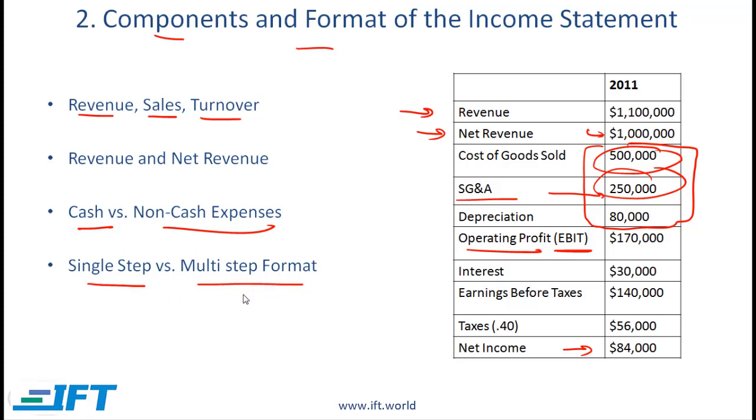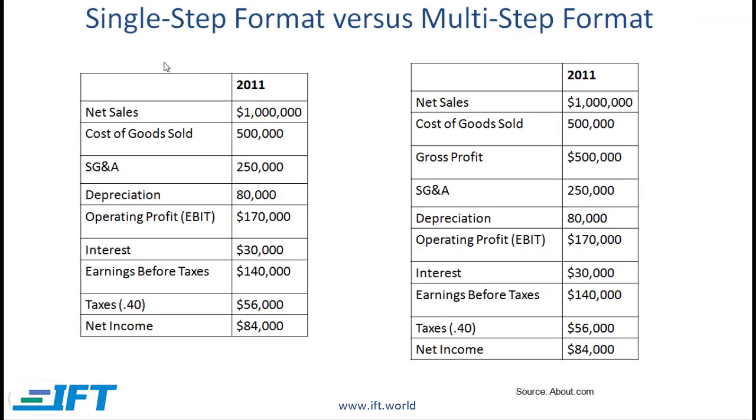Single step versus multi-step format that we will discuss on the next slide. What you see on the left is a single step format, and on the right we have a multi-step format. The subtle difference is that in a multi-step format, we subtract cost of goods sold and come up with a gross profit number.